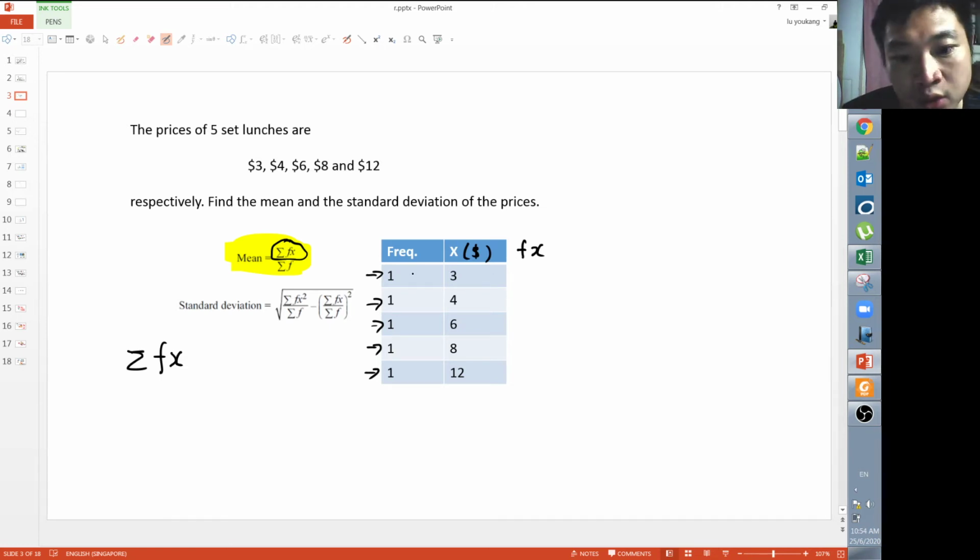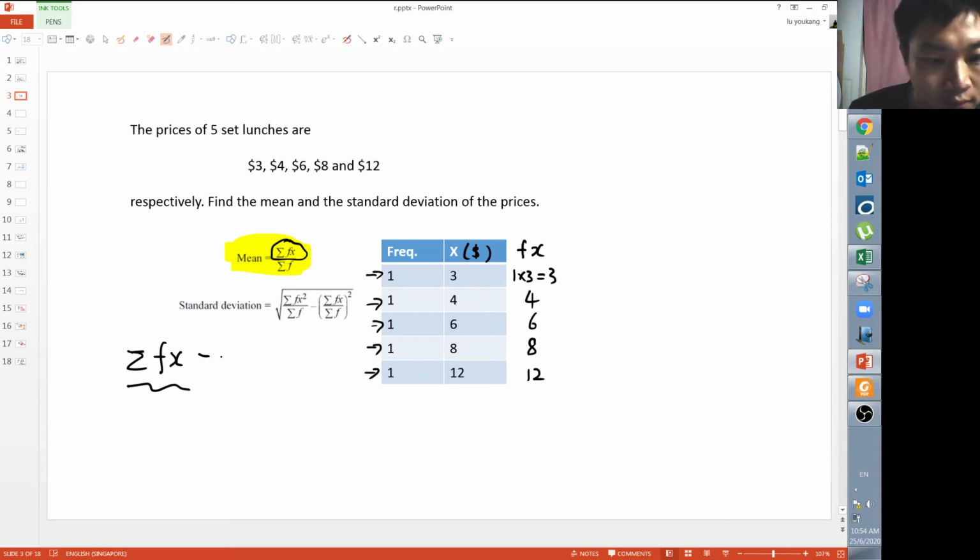So it's 1 times 3. 1 times 3, I get 3, right? Subsequently 1 times 4, I get 4. 1 times 6, I get 6, and 8 and 12. All right, so this will be my column of fx. And my job now is to sum up my fx, or I would say the summation of all fx values.